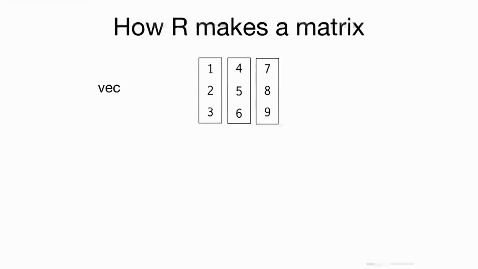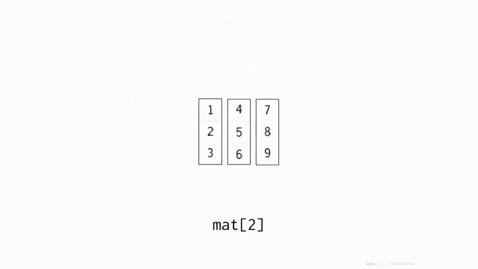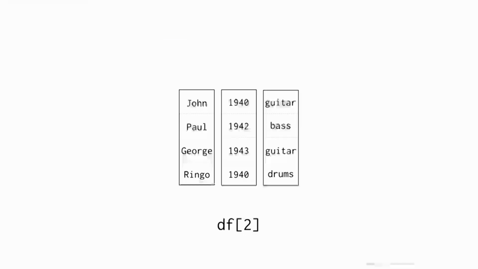And in fact, this is a matrix in R. R saves matrices as vectors, and it just keeps track of where one column begins and one column ends. And so when we ask for the second element of our matrix, R relies on its internal representation as a vector, and it finds the second element of that vector and gives us that back. In our case, that second element was the 2, and that's why that 2 appeared when we ran this command.